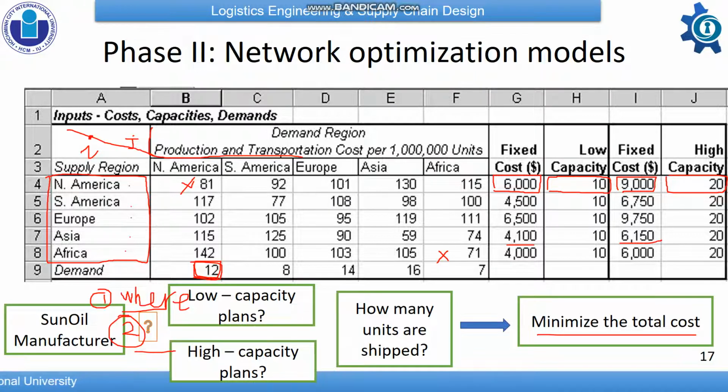So I say the demand in market 1, North America. j is equal to 1, 2, 3, 4, 5. And here also 1, 2, 3, 4, 5. So when j equals 1, the market is North America.